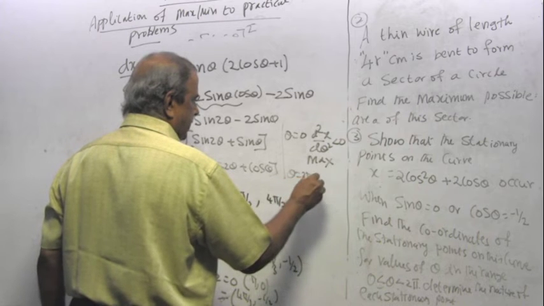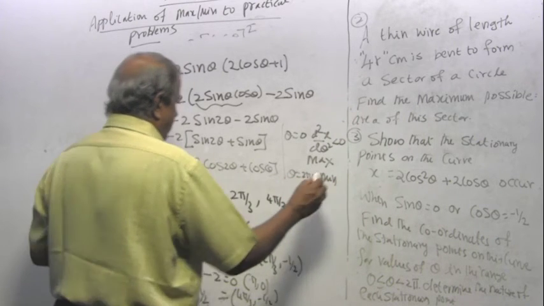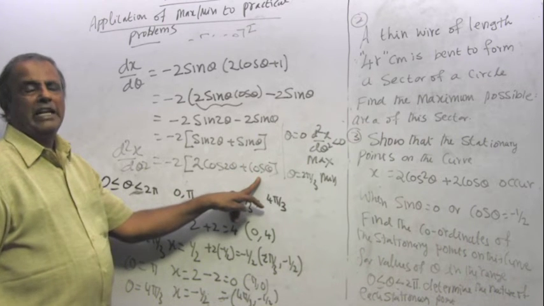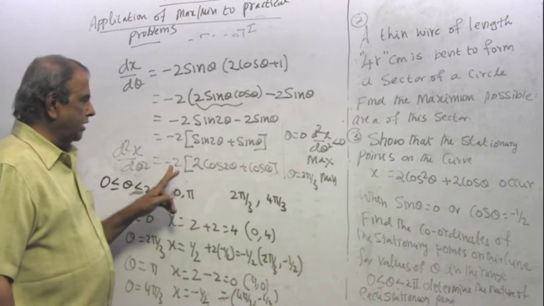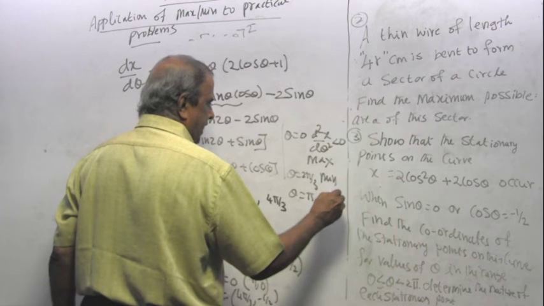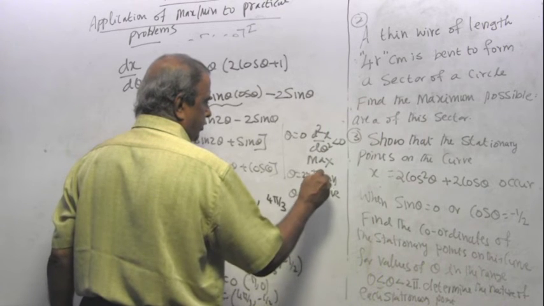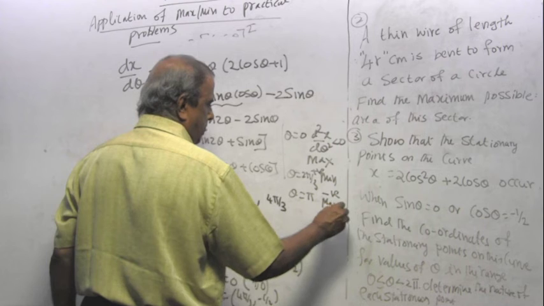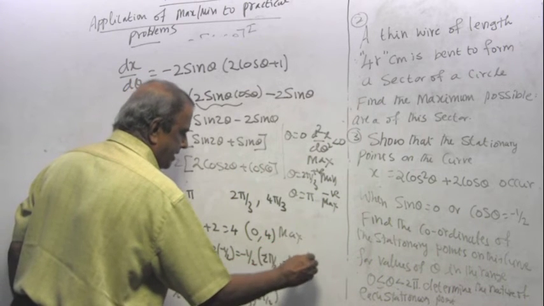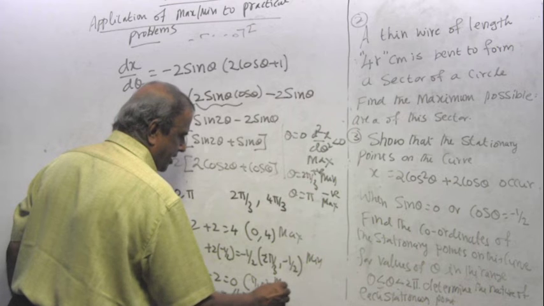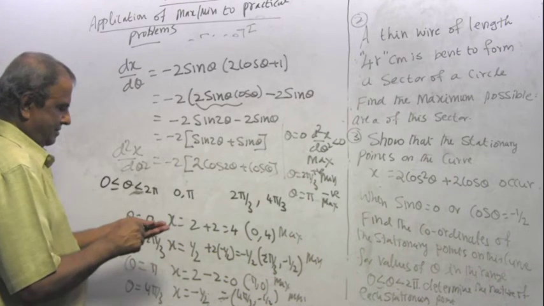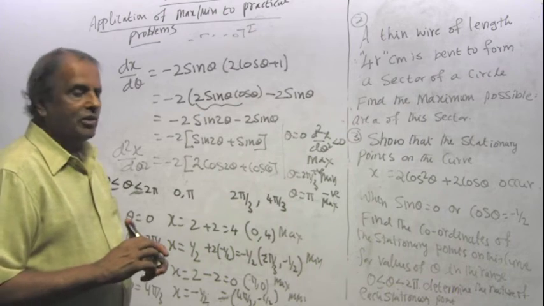Theta equal to 2 pi by 3, minimum. When theta is pi, this is 2, that's 1. 2 minus 1 is 1. 1 times minus 2 is minus. So theta equal to pi, it is negative, maximum. Obviously that one is minimum. So this is max, min, max, min. That's how you find out.